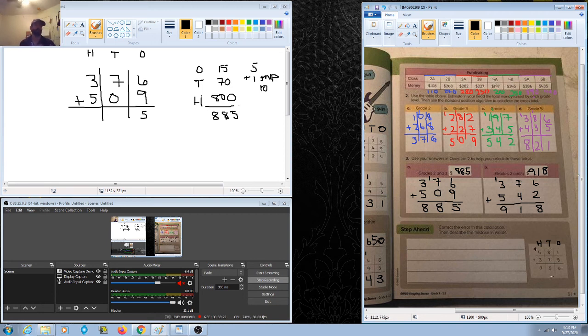So what we do here is we carry the 1, and this is going to be groups of 100. So now this is 100 plus 400 plus 300, which is 800, which is where the mistake is. So this should be 856, not 756.